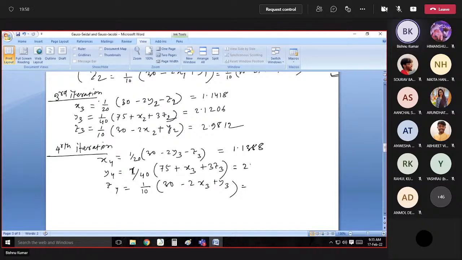You may be able to write 2 decimals from here also. 2.12 or, sir, 2.1271. 2.1271, no problem. This value also, just try to tell.